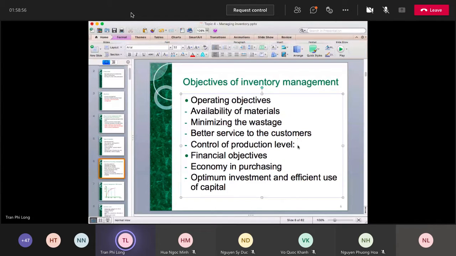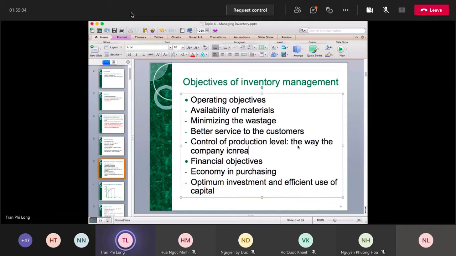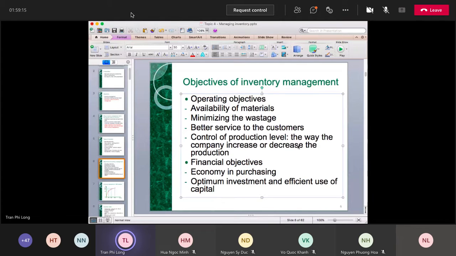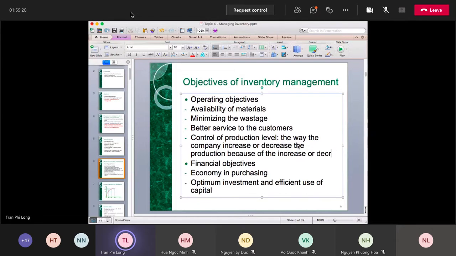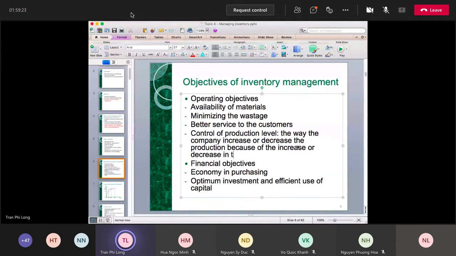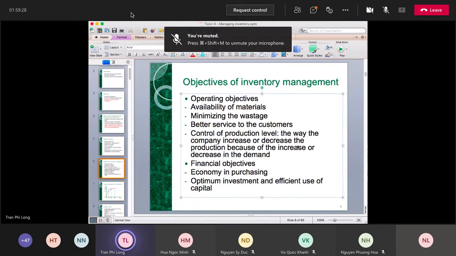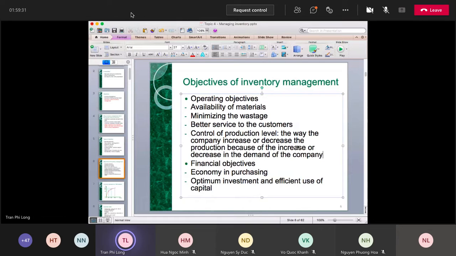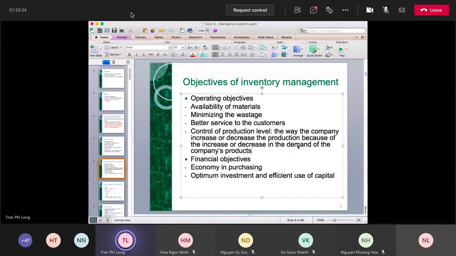When I say control of production level, I mean the way the company increases or decreases the production because of the increase or decrease in the demand for the company's product.